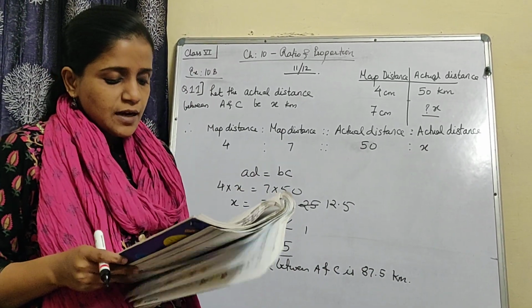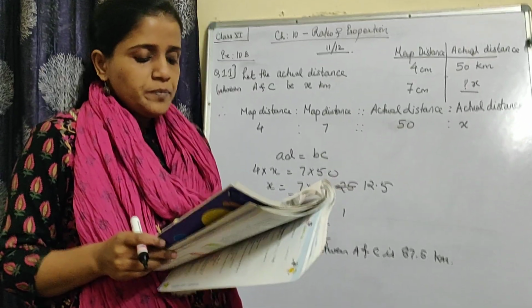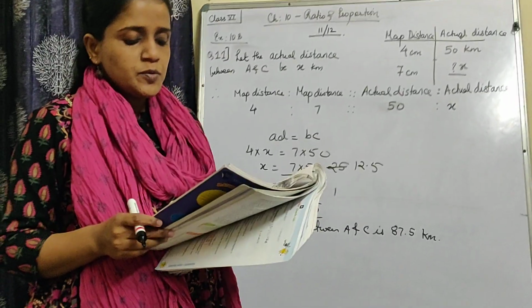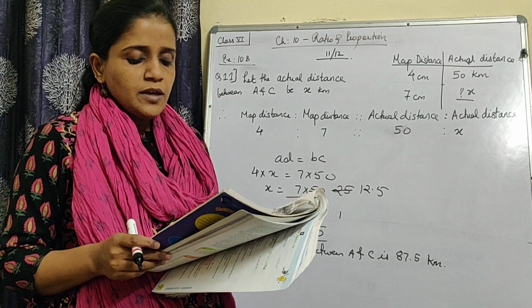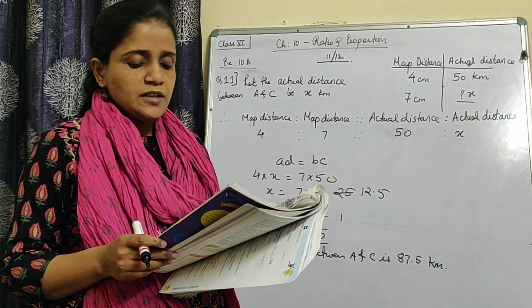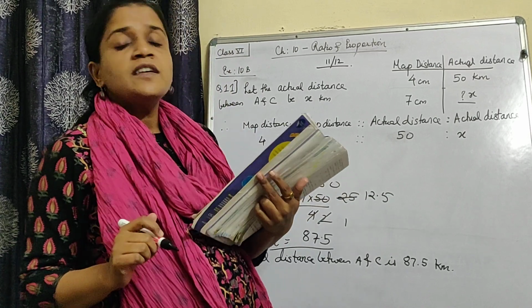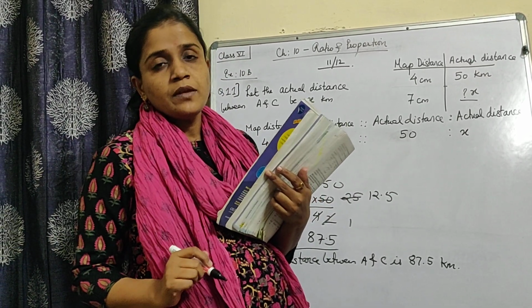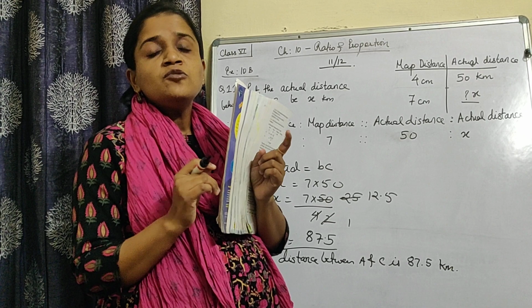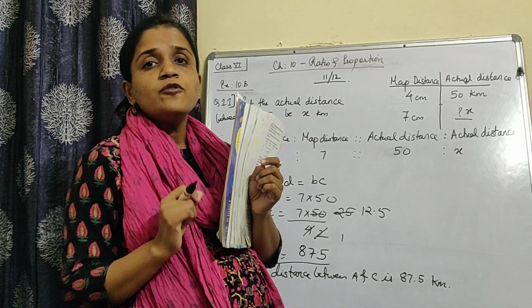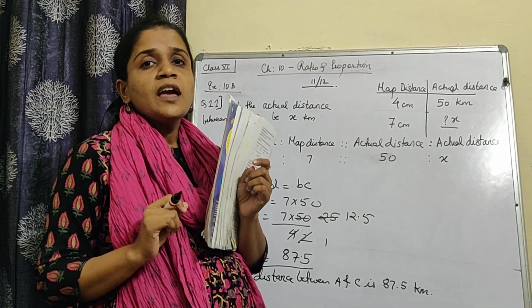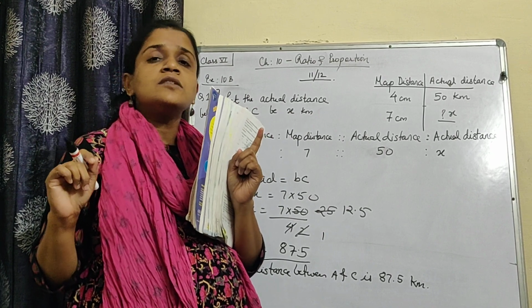Okay, so let's start. In a map, the distance of 50 kilometers between two places A and B is represented by 4 centimeters. There are two places A and B. On the map, the two places are represented by 4 centimeters.